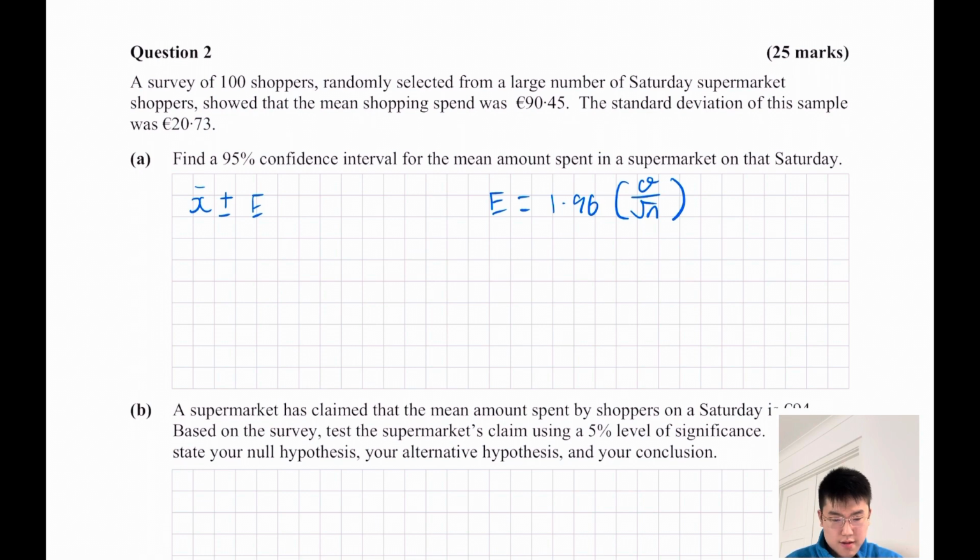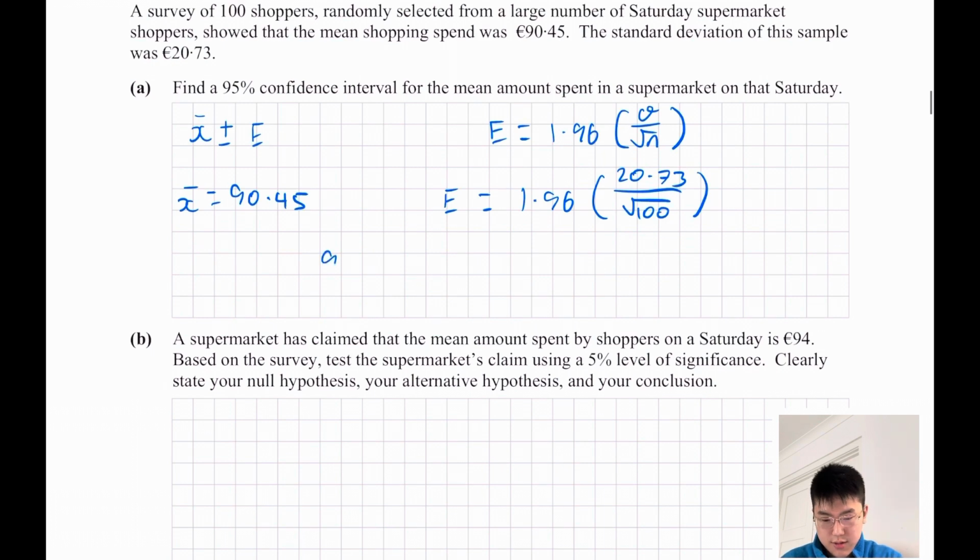So here we have the sample mean is 90.45, so x bar is equal to 90.45, and then e is given by 1.96 multiplied by the standard deviation over the square root of the number of shoppers, which is 100 in this case.